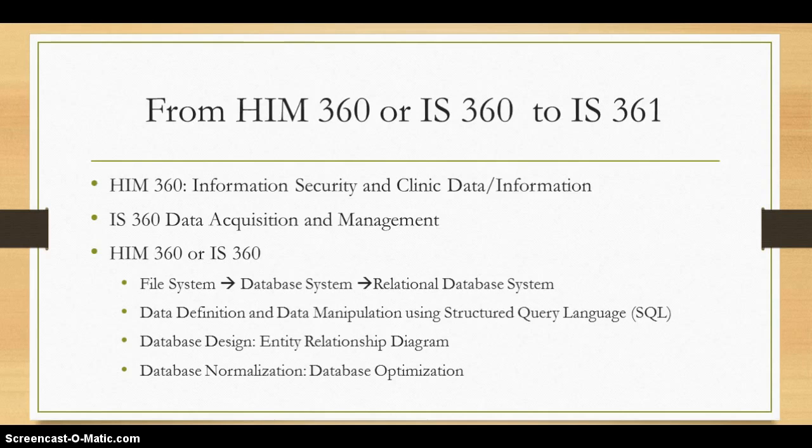I think you still remember at the beginning of HM 360 we talked about information security in general, and then we focused on the clinical information system particularly. At that time we studied the data from Excel, what the data is, and then we talked about database concepts as an introduction, and we did some simple queries, which is simple SQL, to retrieve data.